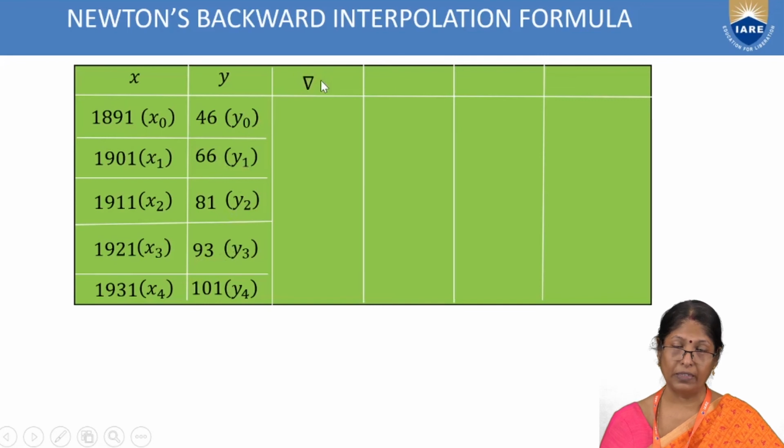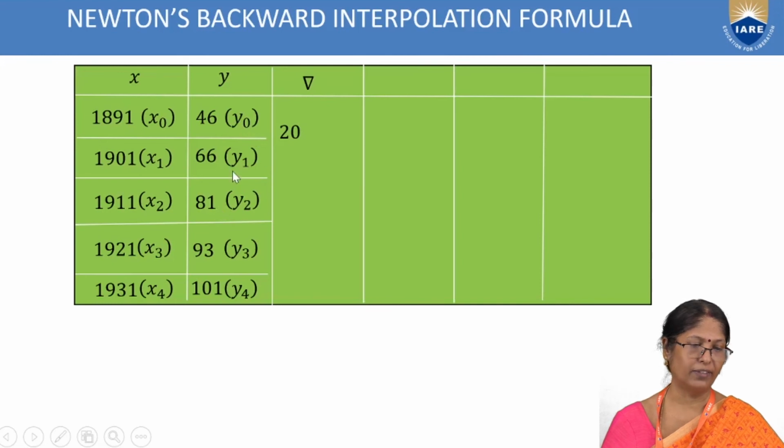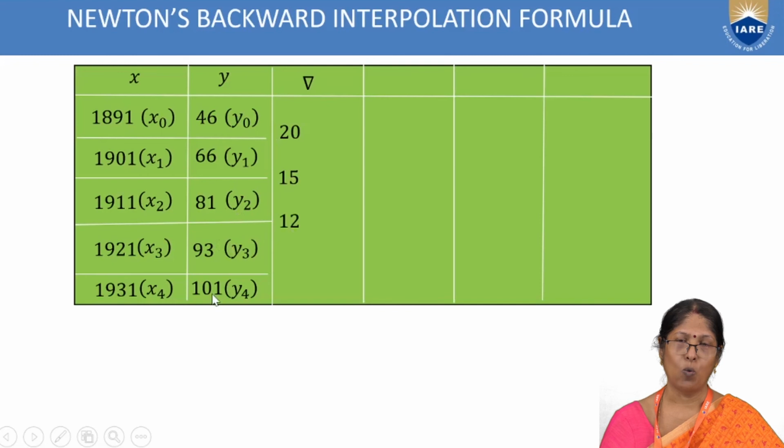Now this operator, we know, is Newton's backward difference operator. We are taking differences. 66 minus 46, the 20 is written. Next, 81 minus 66, it is written 15. 93 minus 81, it is written 12. 101 minus 93, it is written 8.